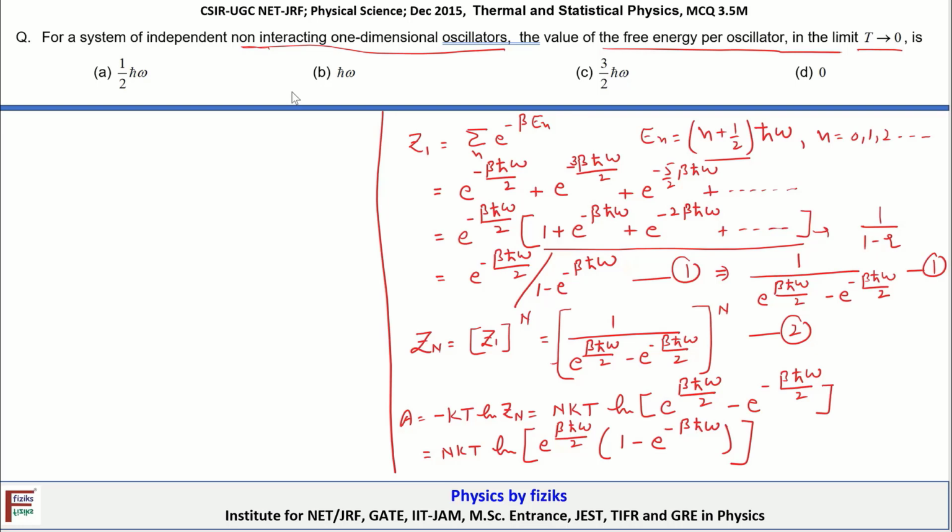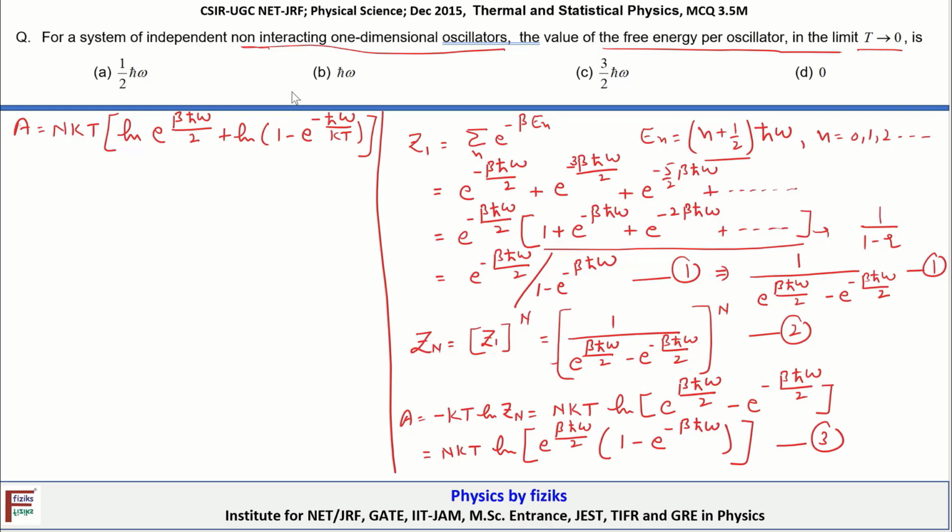Okay, so let's call this expression 3, and then we can rewrite equation 3 as A equal to nkT. Now we will expand the logarithmic term, ln e power beta h cut omega by 2, and then plus ln 1 minus exponential minus h cut omega by kT.